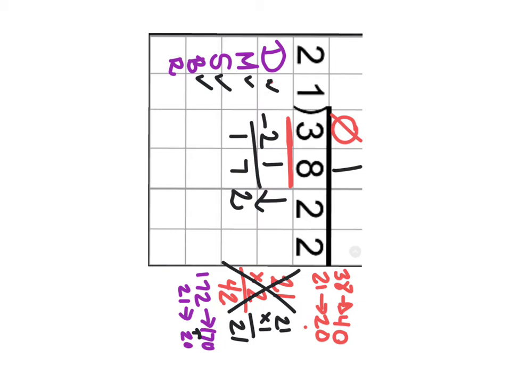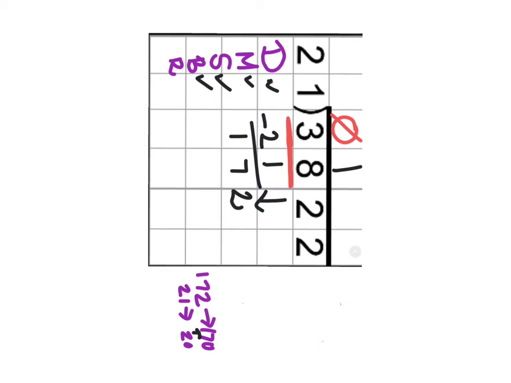So I'm going to try 21 times 8 and see what I get. All right, 8 times 1 is 8, and 8 times 2 is 16. That's 168. 168 is smaller than 172, so I am going to try dividing by 8.